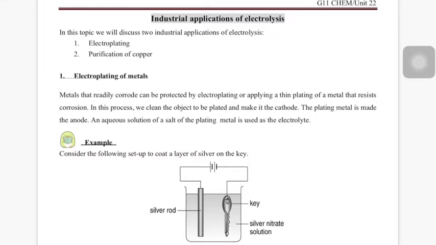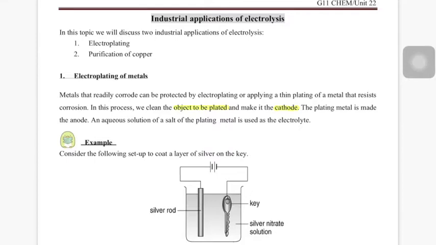In order to do electroplating, the object needs to be able to conduct electricity, otherwise it won't form a closed circuit. The setup for the electroplating of metals is that we place the object that we want to be plated at the cathode, and then the plating metal.